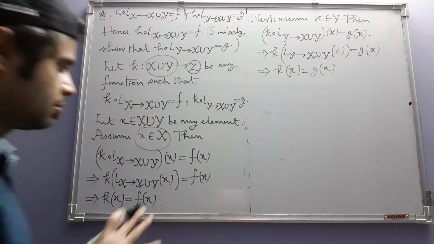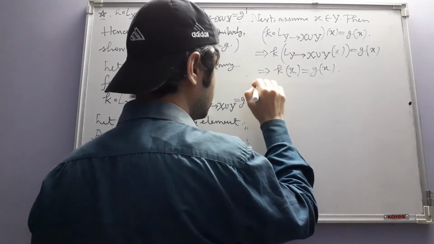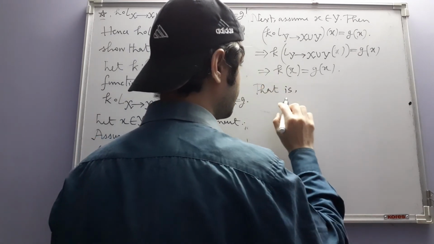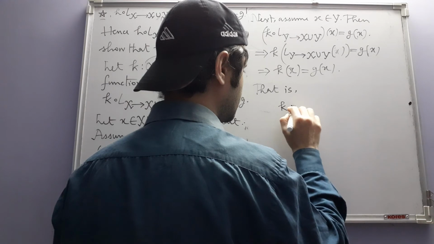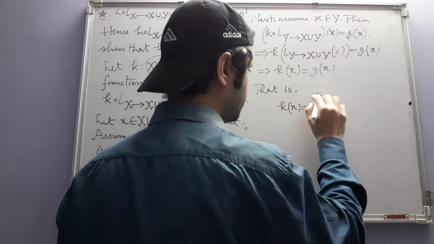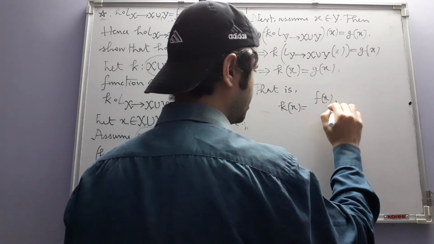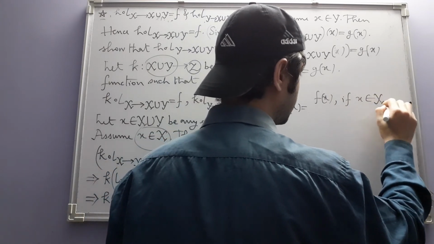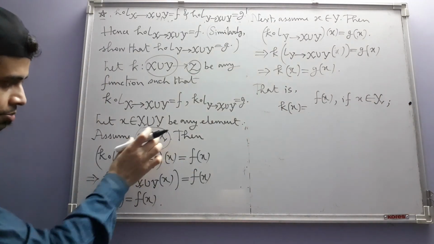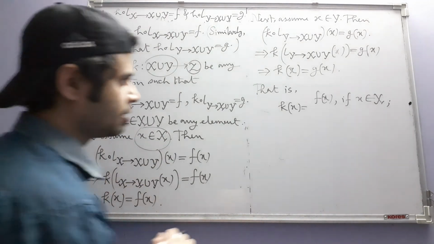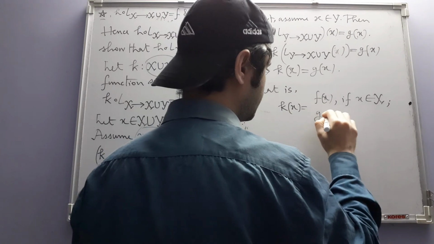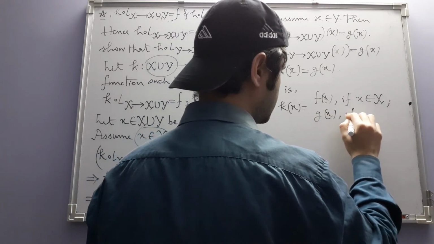So what have we shown? That is, K(x) is equal to F(x) if x belongs to X. When x belongs to X, K(x) is equal to F(x). And when x belongs to Y, K(x) is equal to G(x).